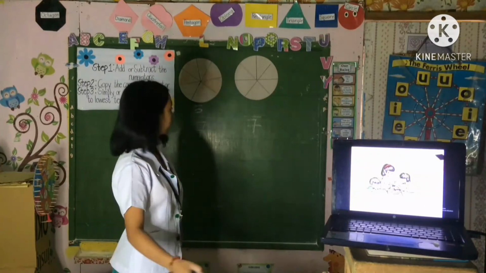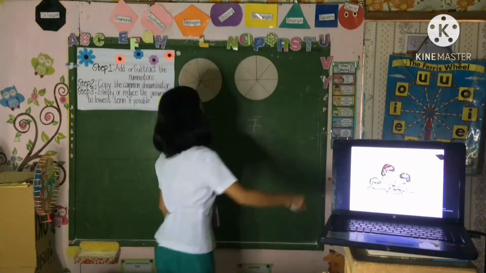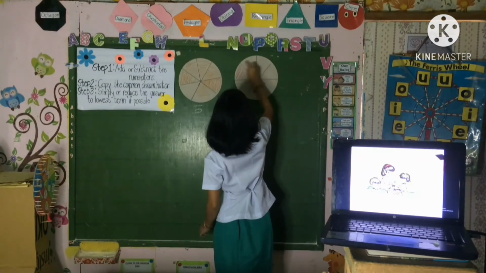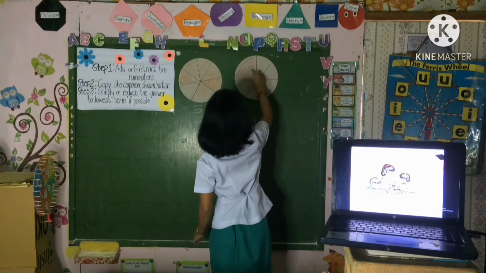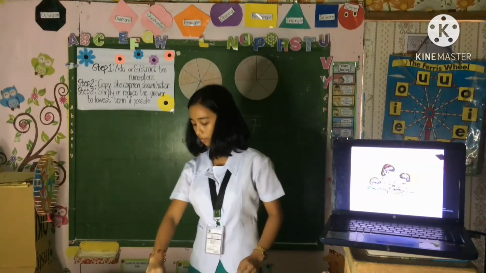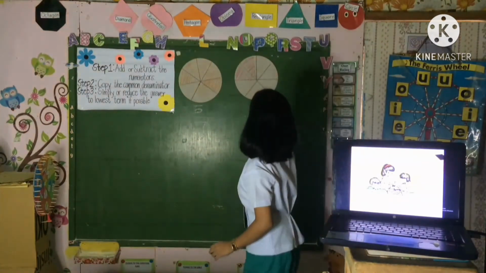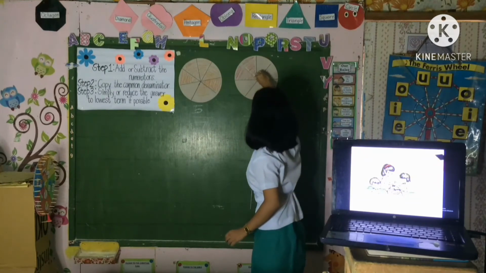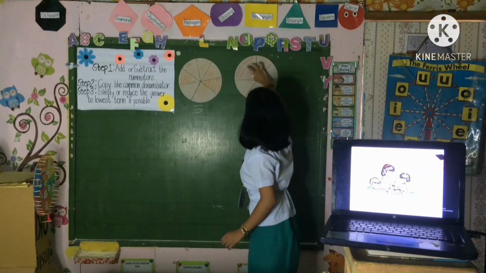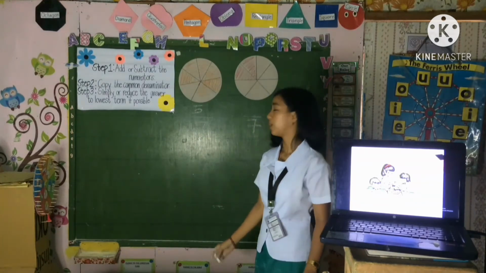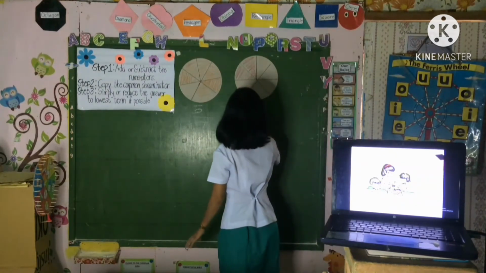Anyone? Okay, very good. So, if 2 parts of this circle are shaded, what will be our numerator? Very good. It is 2.